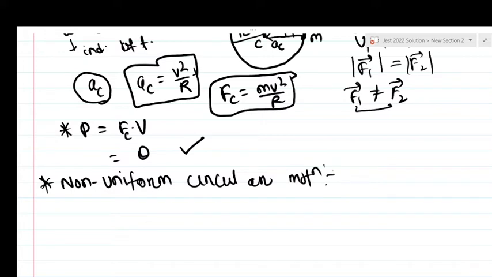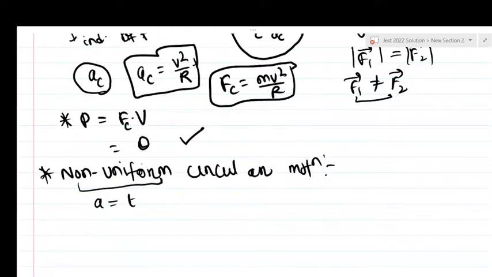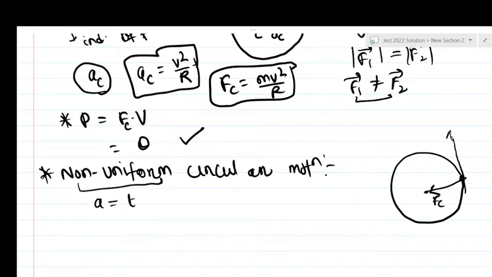Non-uniform circular motion. As the name suggests, the acceleration must be depending on the time factor. See the figure. If here is the mass, one particle is moving, then it will experience two components of force. One component is towards the center, the centripetal force, and another component is along the velocity vector, that is the tangential force.